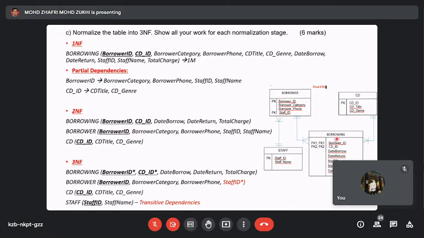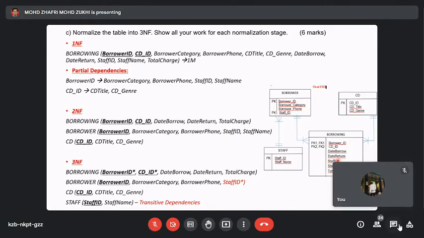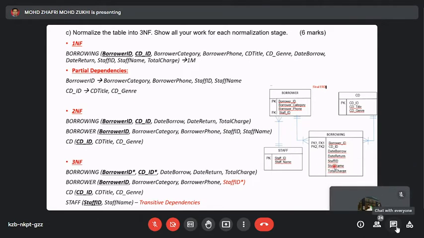And then we have the borrowing table as the bridge table between borrower and CD. Only that staff ID and staff name here should not be there. Please take note. Staff ID and staff name should not be here, because we store them in the staff table and they are used by borrower. So borrowing will have PK1, FK1 borrower ID, PK2, FK2 CD ID.